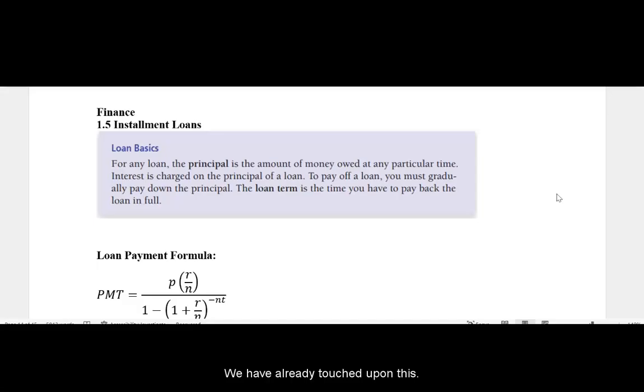We have already touched upon this, but just as a reminder, the principal is always the amount of money you owe at any particular time. And why I say over a period of time is because, for example, let's say you financed a car for $15,000. The principal of that loan at the very beginning is $15,000.